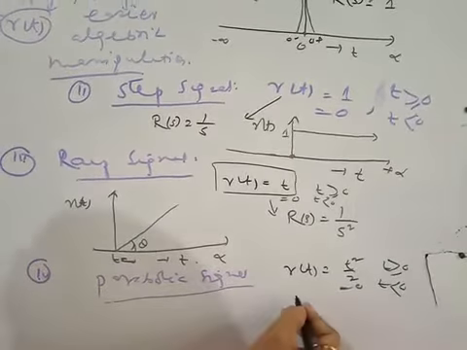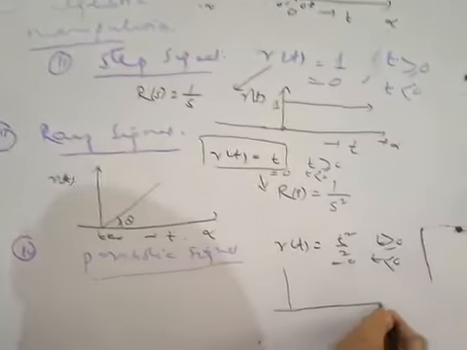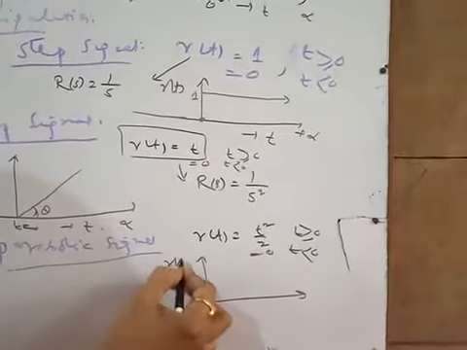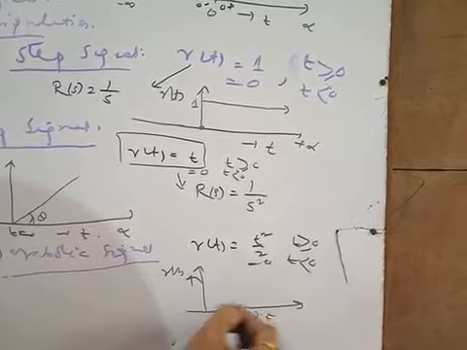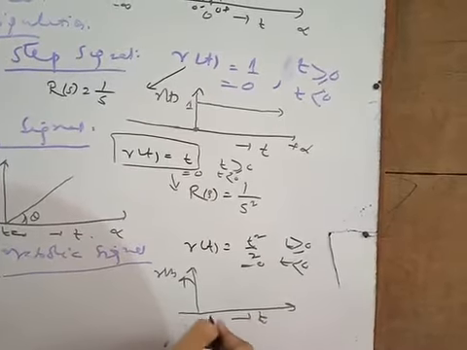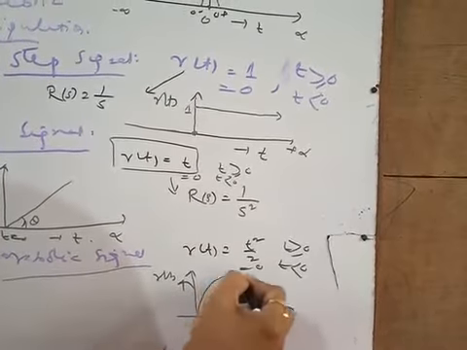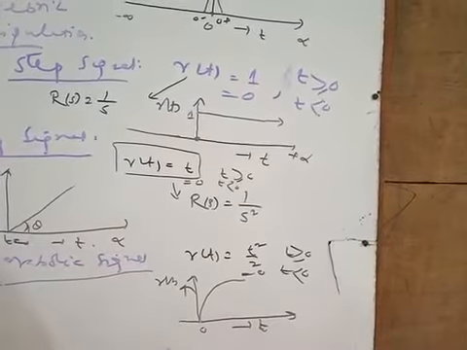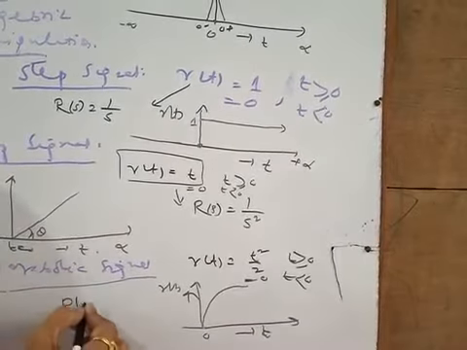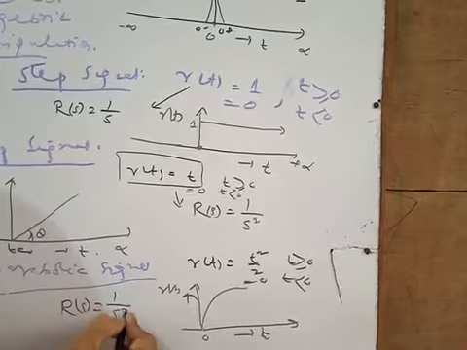And the mathematical form is like this. So the graphical form will be like this, like a parabola. This is part of the parabola. And if you take the Laplace transform, you get 1 by s cube.